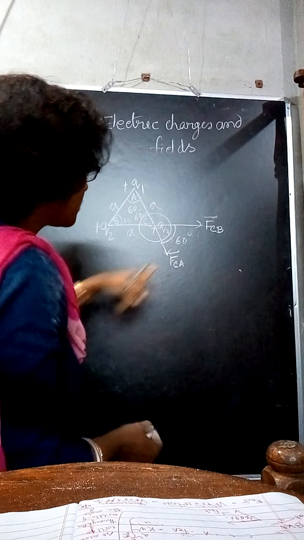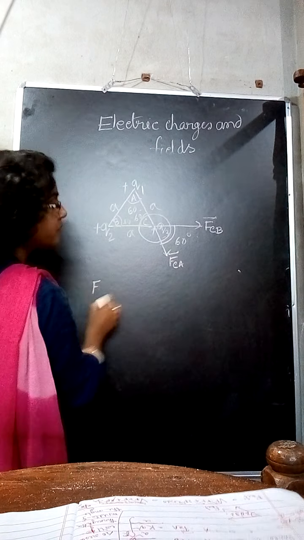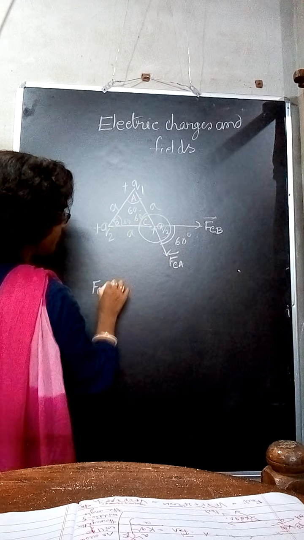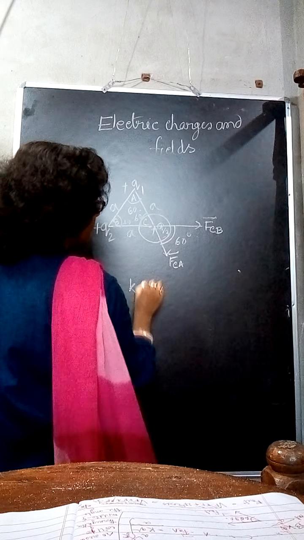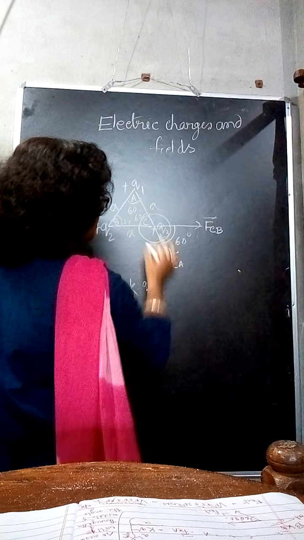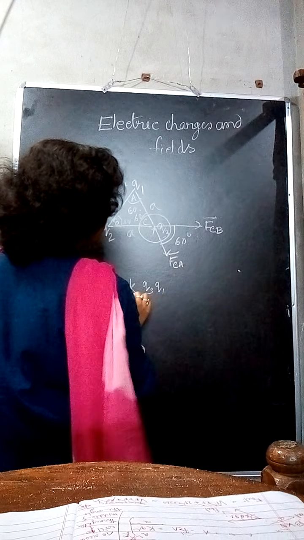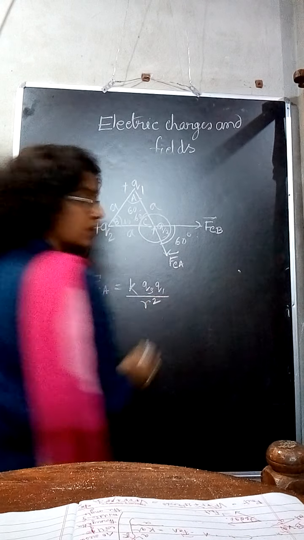Now see what forces are there. F CA is K into Q3 Q1 by R square.